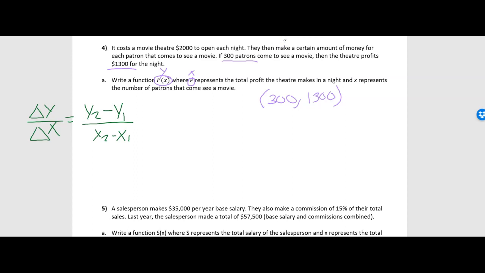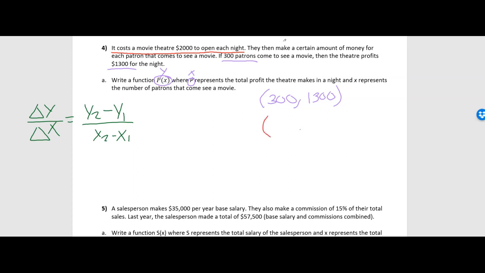They also tell us it costs a movie theater $2,000 to open each night. Well, it doesn't tell us a number of patrons that corresponds with 2,000. But if that's how much it costs for them to open, that would be the cost or the profit for 0 patrons. And we have to remember that 2,000 would be negative, right?